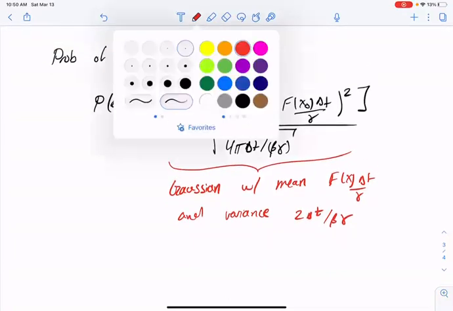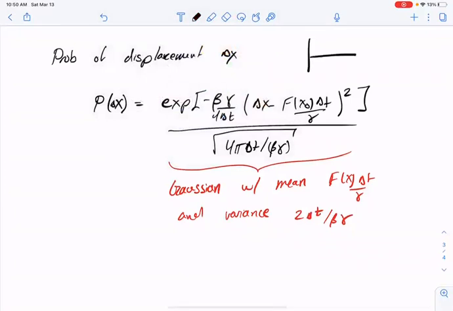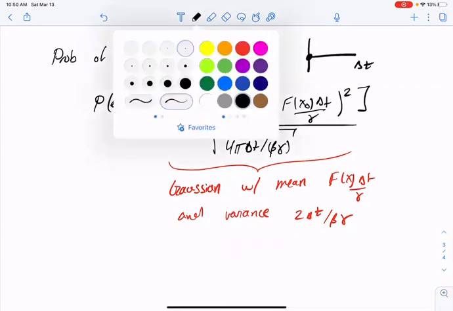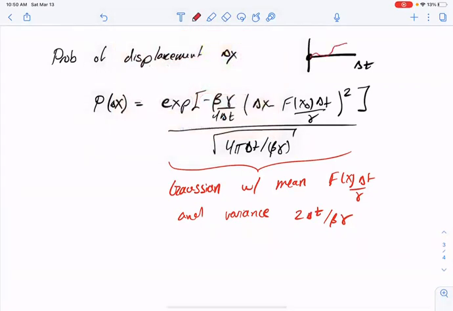So the picture: imagine I start at the origin. I want to get a trajectory that ends up at a specific value of delta x. The probability that that happens depends on the drift by which x is pushed, which is encoded by the force.